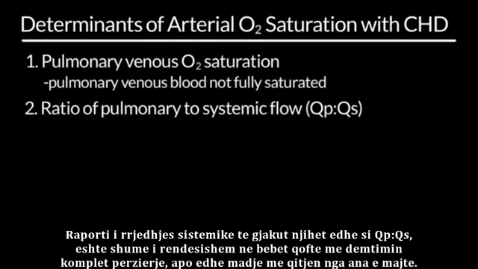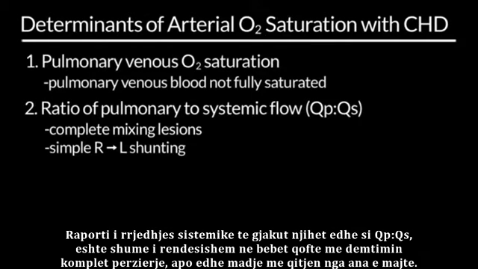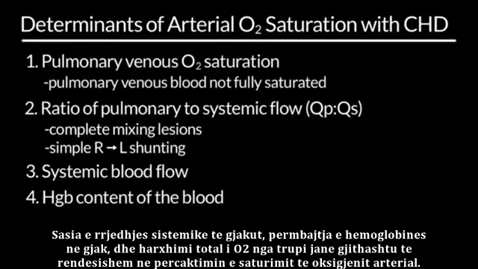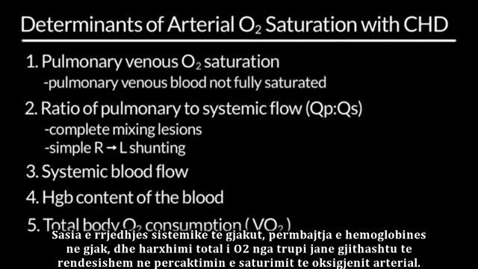The ratio of pulmonary to systemic blood flow, also known as QP to QS, is very important in babies with either complete mixing lesions or even simple right to left shunting. The amount of systemic blood flow, the hemoglobin content of the blood, and the total body O2 consumption are also important in determining arterial oxygen saturation.